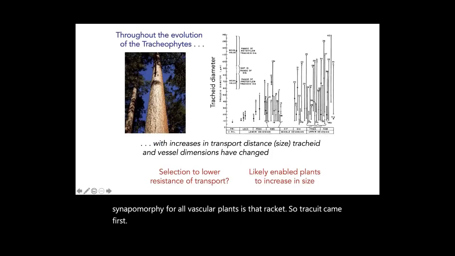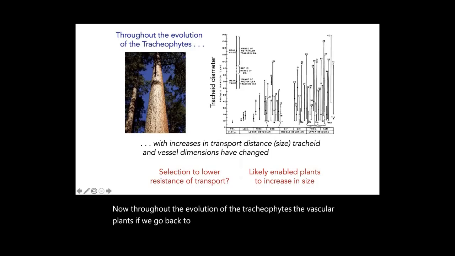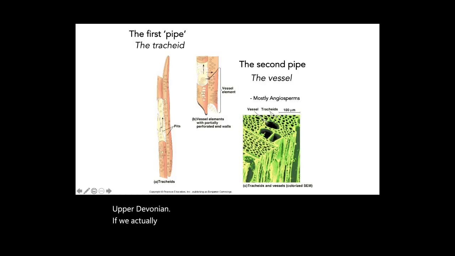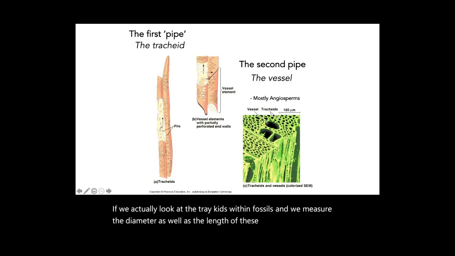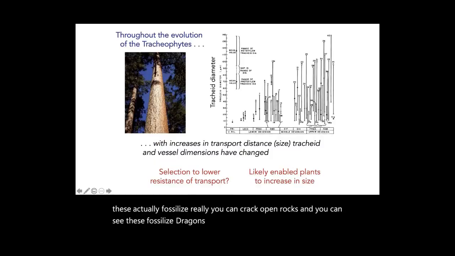Now, throughout the evolution of the tracheophytes, the vascular plants, if we go back to the Silurian, the lower Devonian, up to the upper Devonian, if we look at the tracheids within fossils and measure the diameter as well as the length of these different pipes, because these actually fossilize really well. You can crack open rocks and see these fossilized tracheids really well, and you can measure these in the lab.